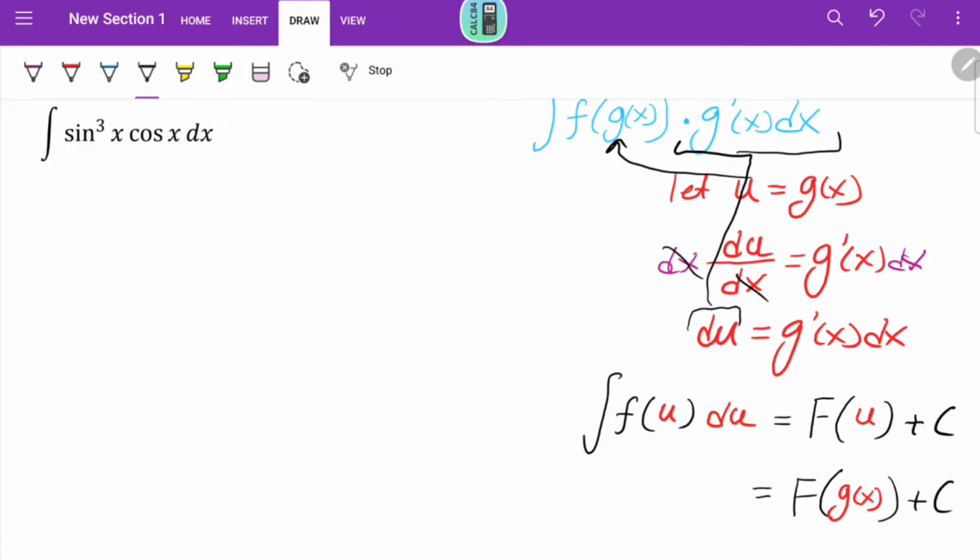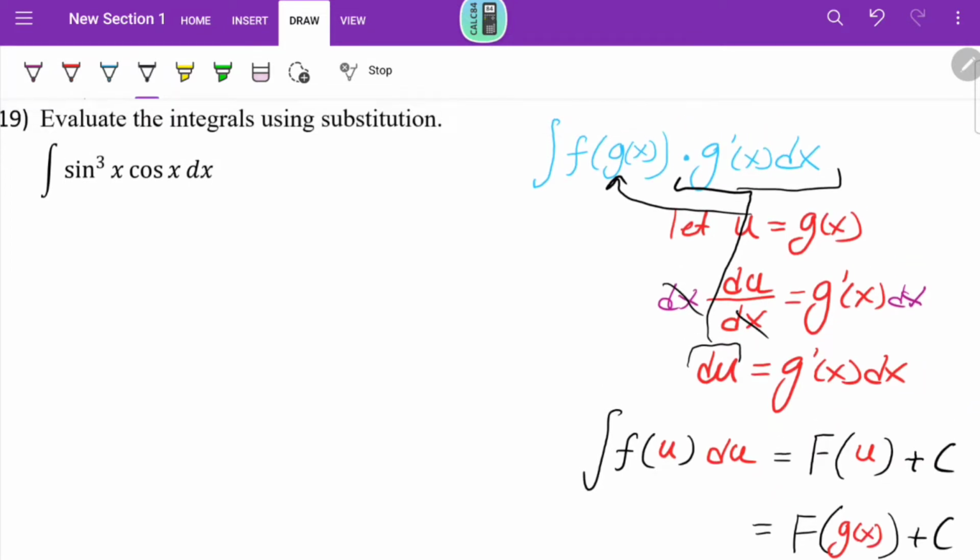All right, let's do the first one. We have the integral of sine cubed of x times cosine of x dx. Let's play around with this a little bit. I want to rewrite this as the integral of sine of x to the third power times cosine of x dx.